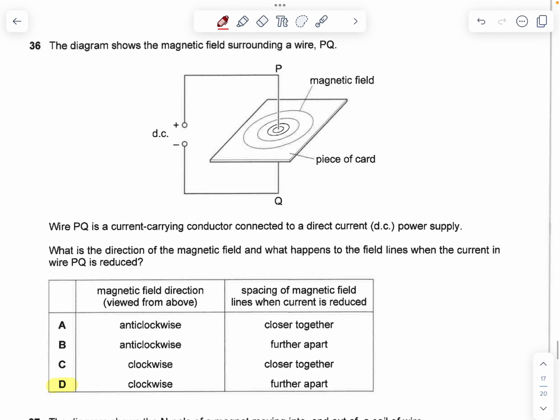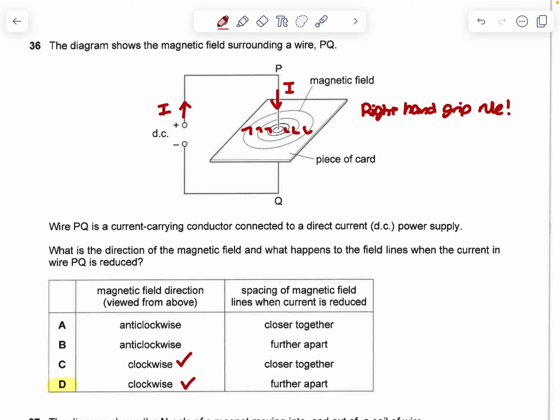Question 36. The diagram shows a magnetic field surrounding a wire PQ. Conventional current flows from positive to negative, this way in. Using the right hand grip rule, you should turn, and you realize that it's this direction, so it is the clockwise direction.